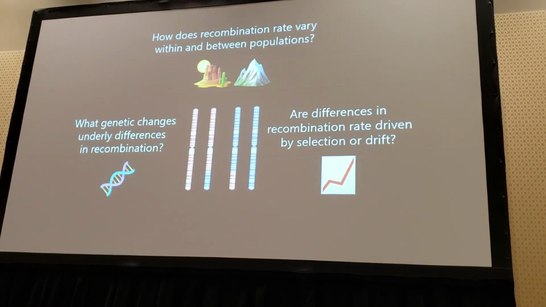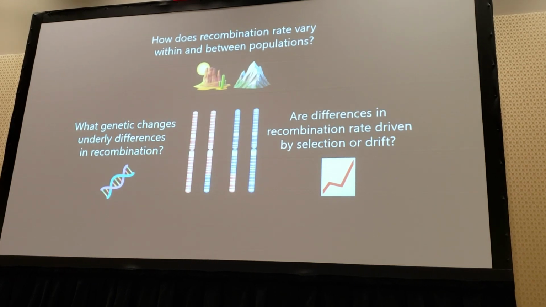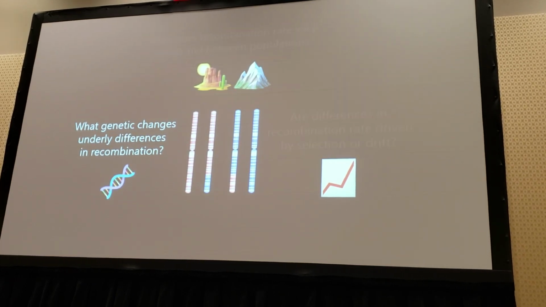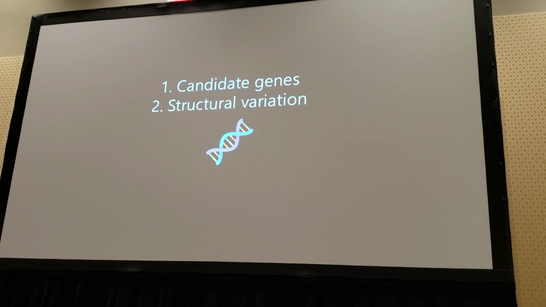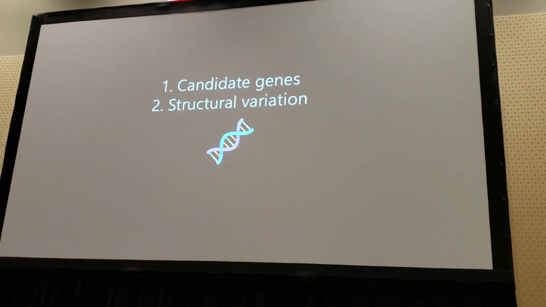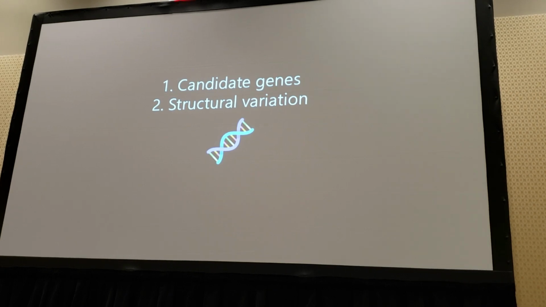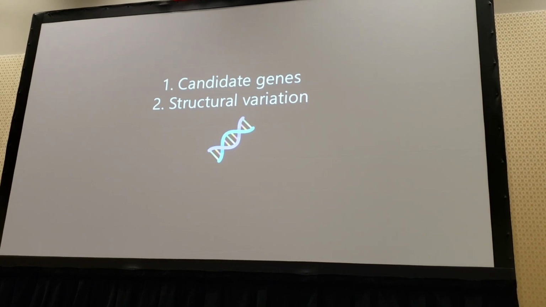Okay, so I'll just quickly touch on the other aspects of recombination that we looked at. What genetic changes might be underlying differences in recombination? We took 2 approaches to this. The first was looking at candidate genes in the meiosis pathway, or pathways associated with meiosis, and also looking at structural variation. I won't talk about the structural variation stuff today.